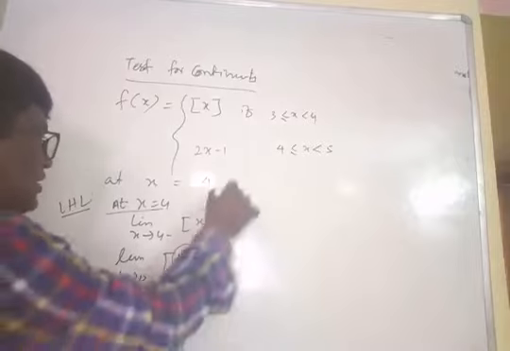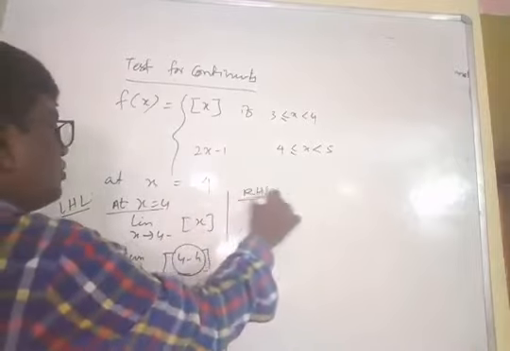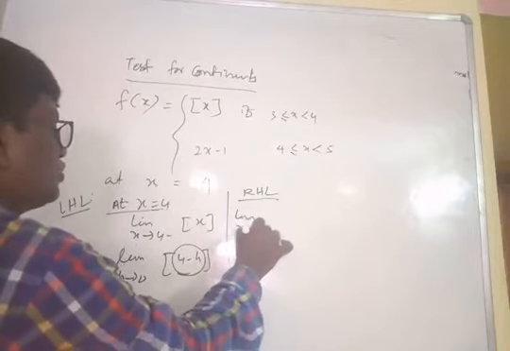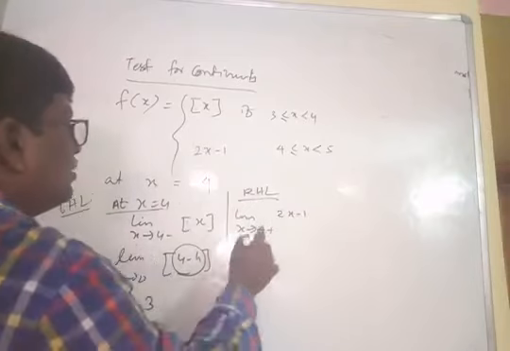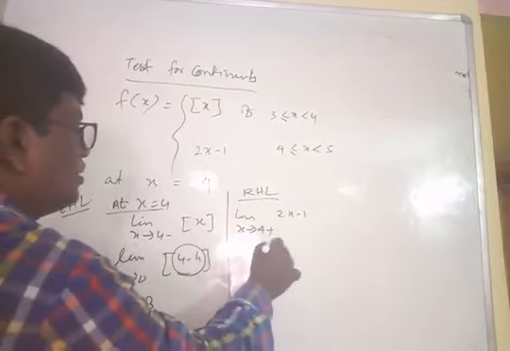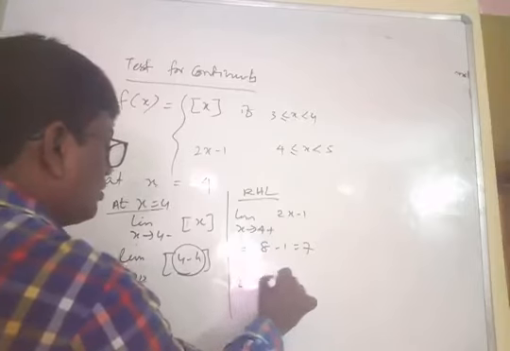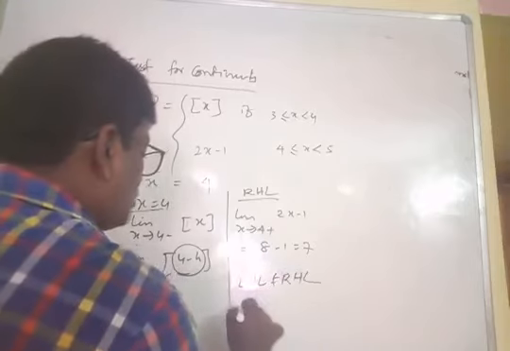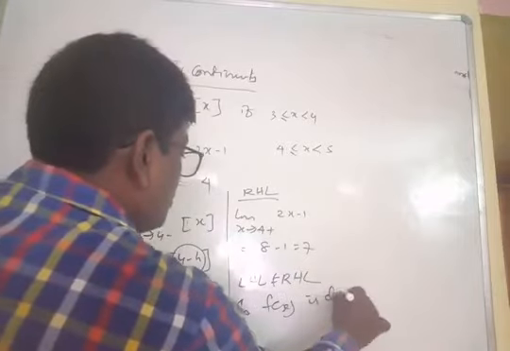So answer is 3. And RHL is equal to limit x tends to 4 plus, this is polynomial function 2x minus 1, which is equal to 8 minus 1, 7. LHL not equal to RHL, so f of x is discontinuous.